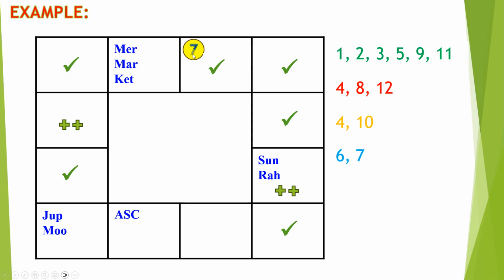So if any planet is in the fourth and the tenth bhava, and that dasha is happening, then it will give some benefits to that seventh bhava and it will cut the benefit after a particular time. It will not let the person enjoy the particular thing till the end of the dasha.